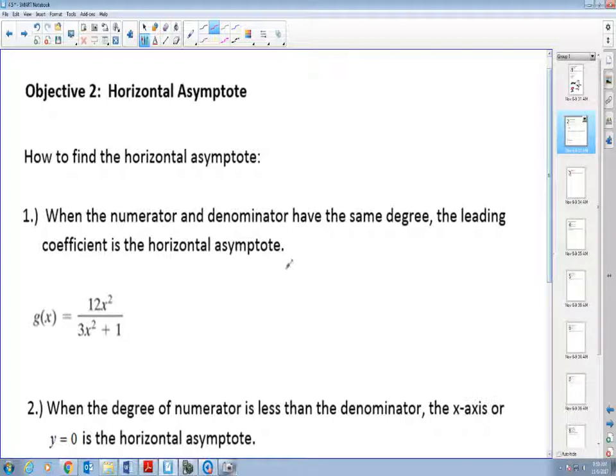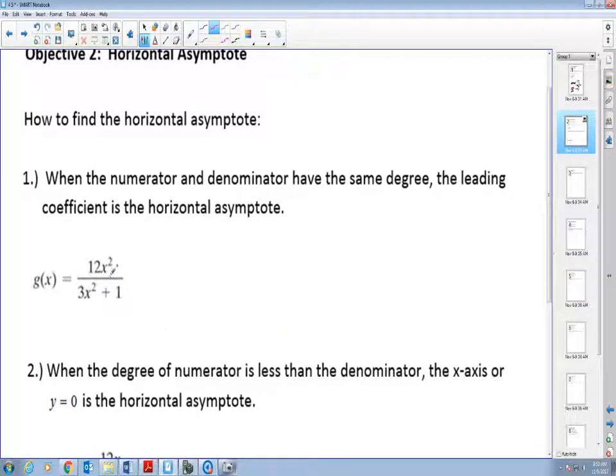The first scenario is when the degree of the numerator and the denominator are the same: the ratio of the leading coefficients is the horizontal asymptote.